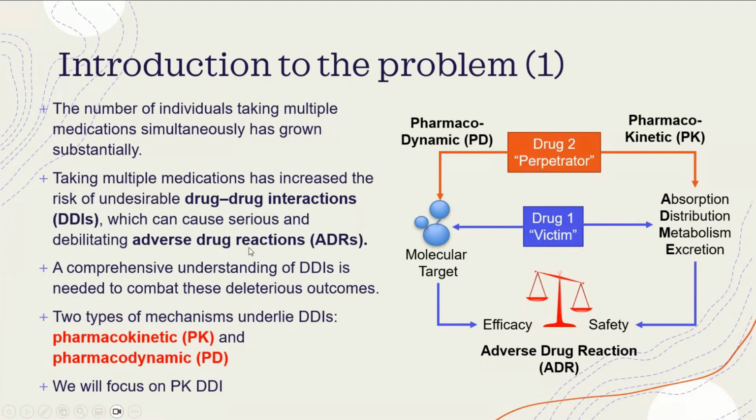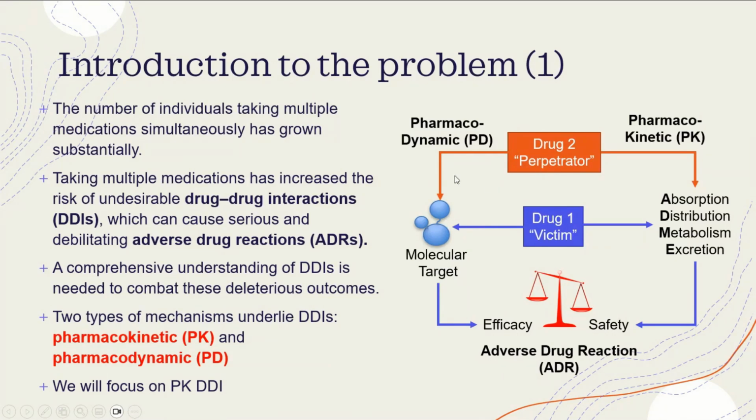So there are numerous cases where we know that certain types of drugs cause problems for each other and are able to cause adverse drug reactions through two main mechanisms, as we'll talk about. One is the pharmacodynamic, where one drug is affecting the ability of your main drug, the victim drug, to interact with its molecular target.